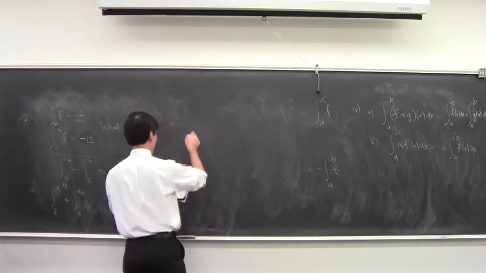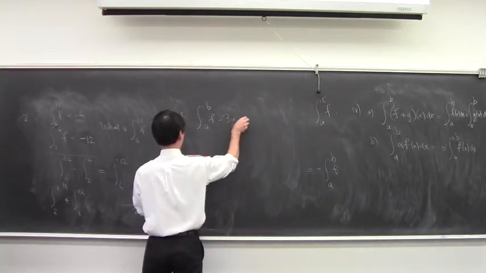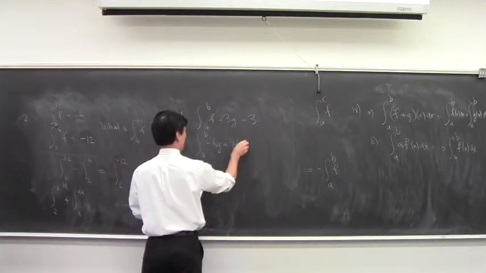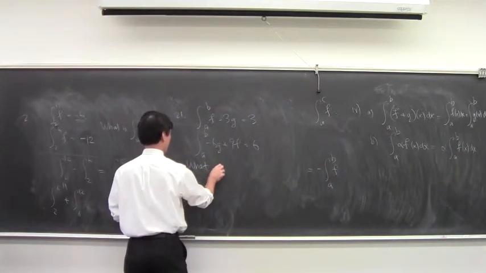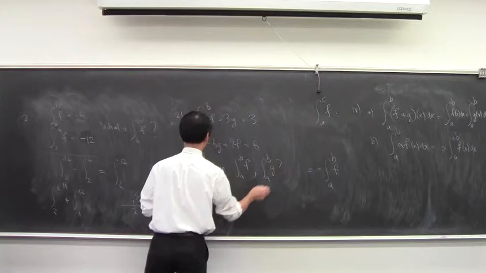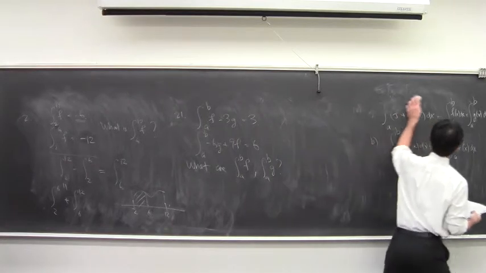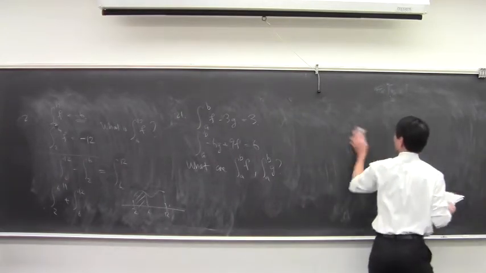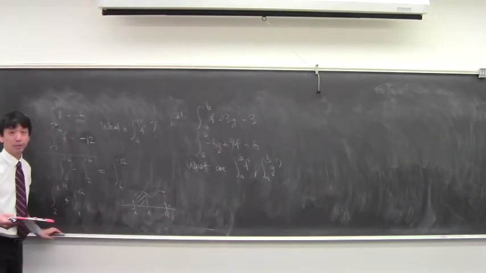Maybe a slightly more interesting one. The integral from a to b of f minus 3g is 3, and the integral from a to b of negative 6g plus 9f is 6. And they say, what are the integral of f and the integral of g? Okay, so again, take a minute or two and see if you can answer it.